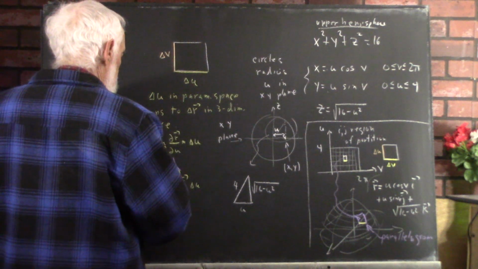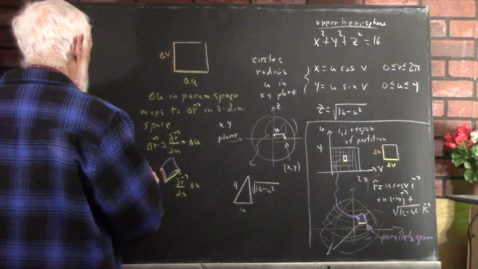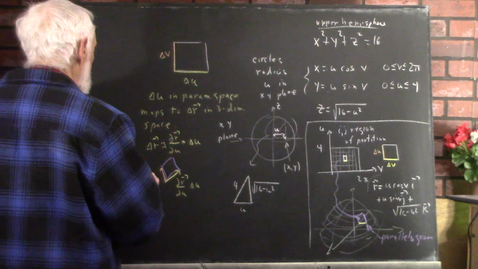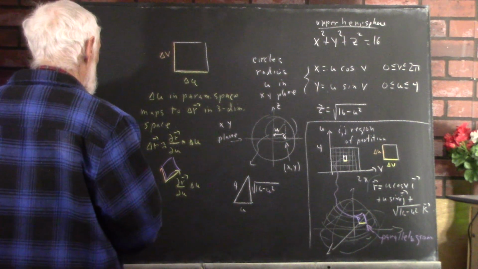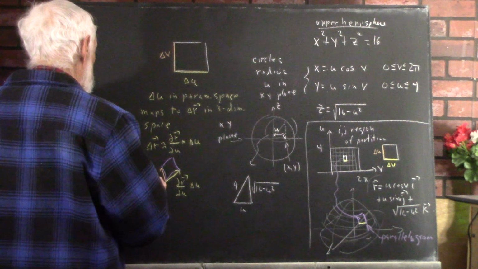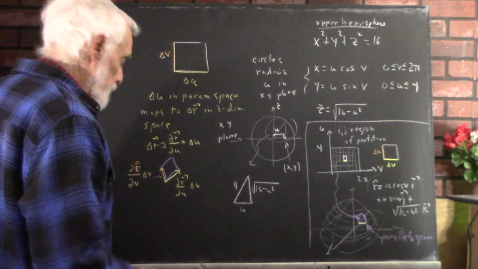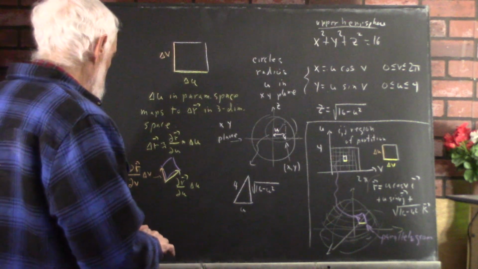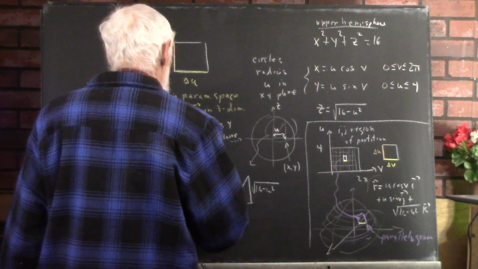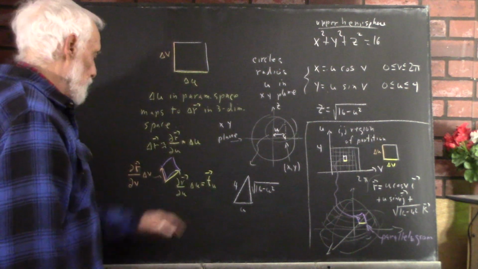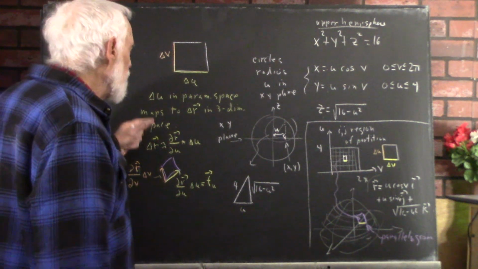We're going to have also here partial of R with respect to V, delta V, and that's going to be this vector. Well, this is a vector we're going to call TU. It's tangent to the surface, or approximately tangent to the surface.